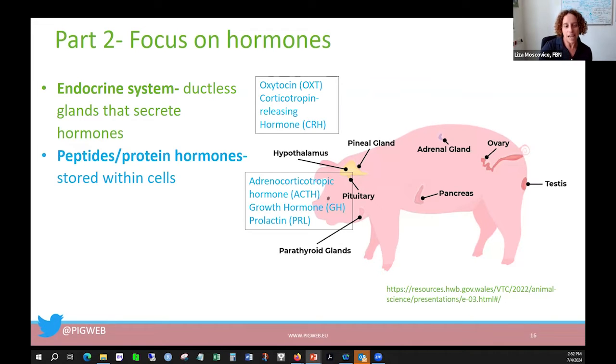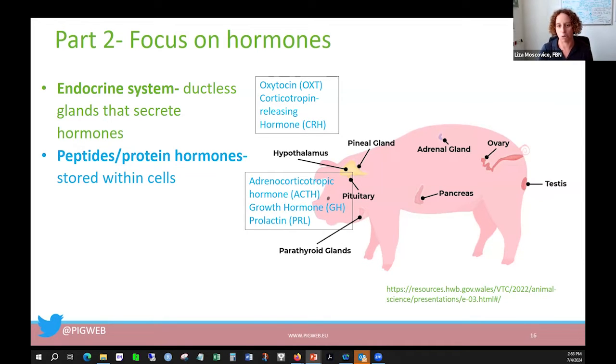There are three main classes of hormones. The peptides are sometimes called protein hormones, and these are mainly synthesized in the hypothalamus and some in the pituitary. They include oxytocin, which we'll talk about a lot, and other hormones like corticotropin-releasing hormone and adrenocorticotropic hormone.